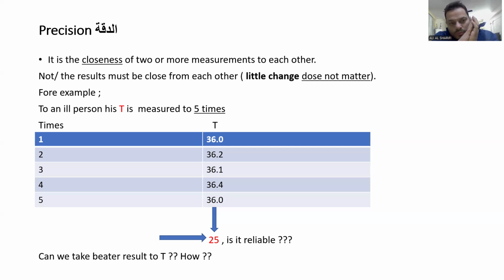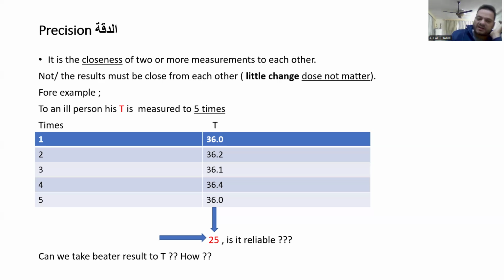Here, to be precise, to make my measurements reliable, all these four numbers must be near each other. Like the example below: 36, 36.2, 36.1, 36.4, just 36 again.